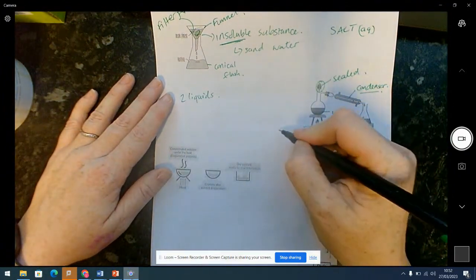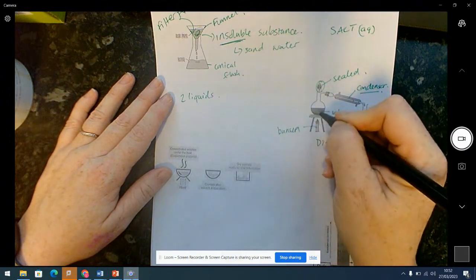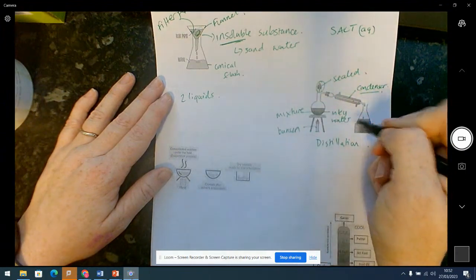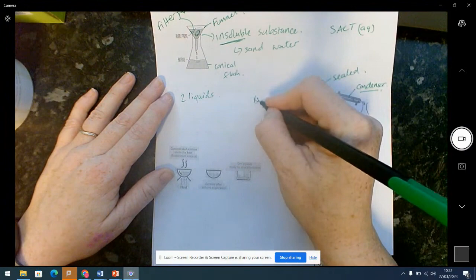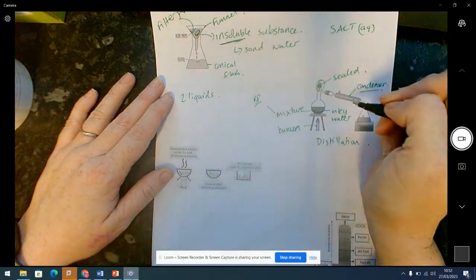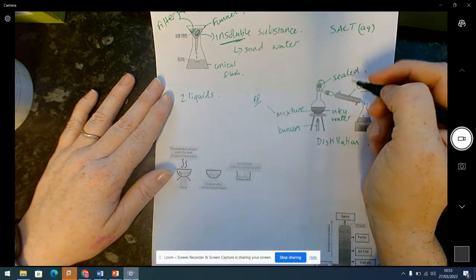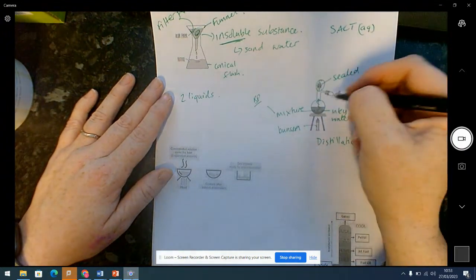From the diagram, you can see that we use the Bunsen burner to heat up our mixture. As I've said, that mixture here is inky water. It heats that, and depending on the boiling points of the liquids, whichever one has the lower boiling point will in fact evaporate first and leave as a gas.